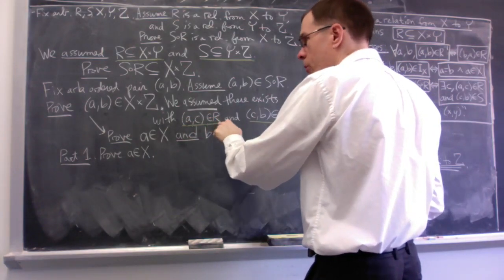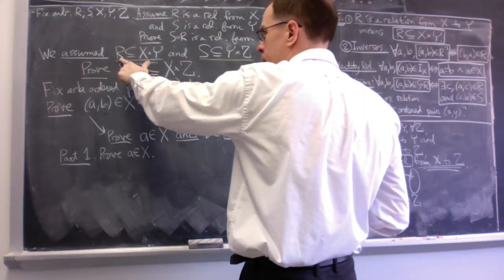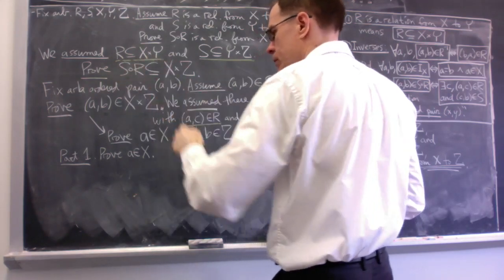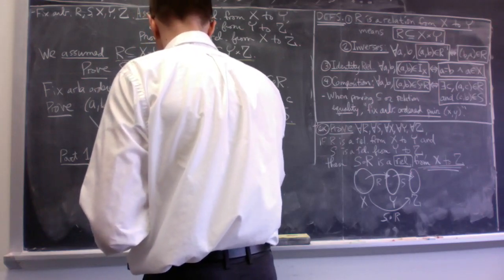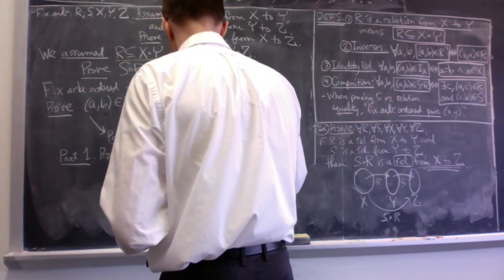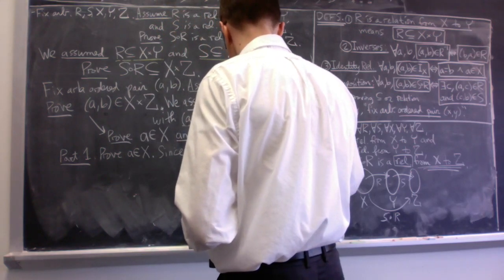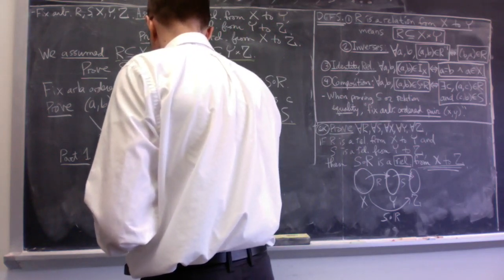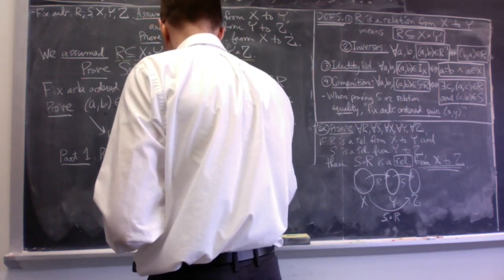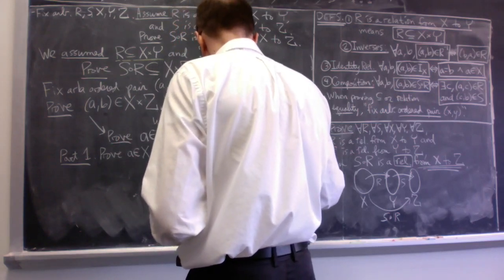A, C is in R. But we already know that R is a subset of X cross Y. So that's a known subset statement, and we can do this deduction: therefore AC is in X cross Y.